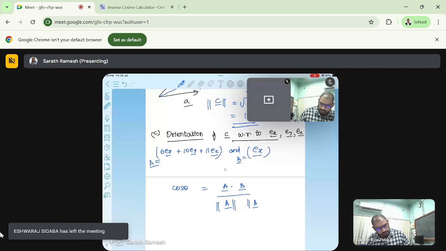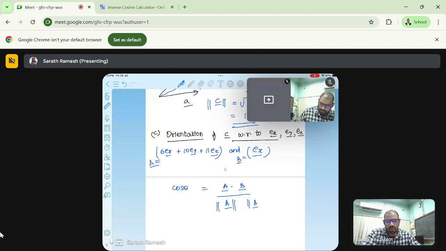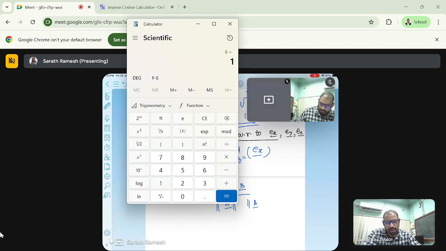So this is equal to 6 divided by, again we have this modulus, 16.03. So this is equal to 6 divided by 16.03, which is 0.3743.